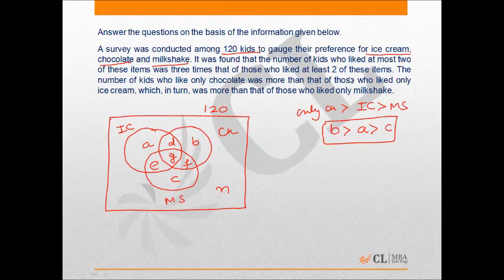Let us take the second condition, at most 2 and at least 2, right?